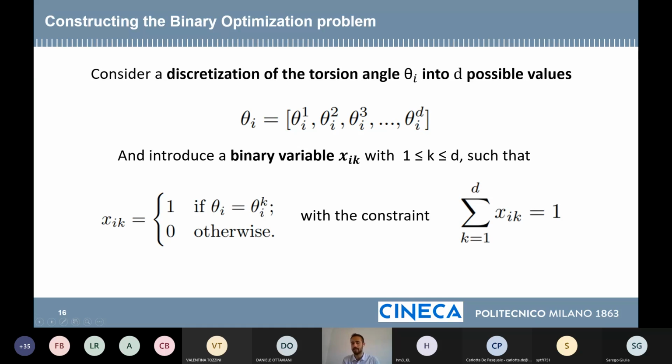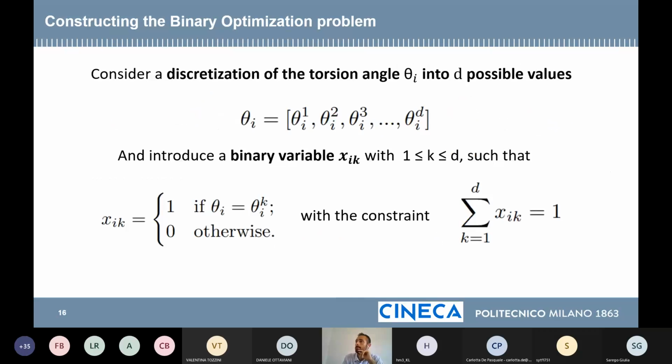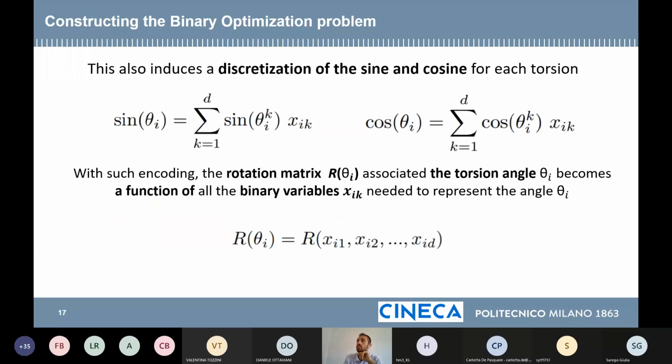This is something that we already saw in the past lectures about D-Wave and the formalization of QUBO problems. Discretizing torsion angles in this way also enables us to discretize the sine and cosine. You can show that if you discretize the input, you can always discretize some function of this input in this way.